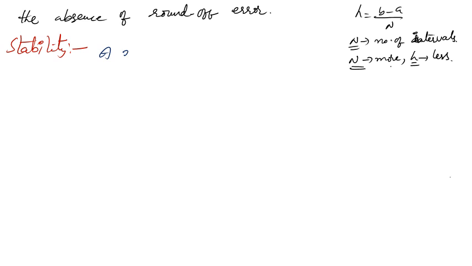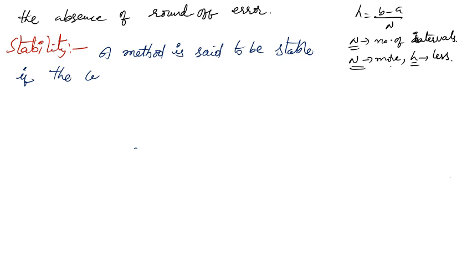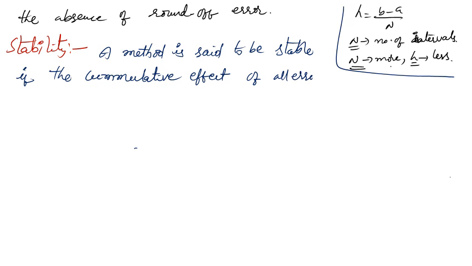A method is said to be stable if the cumulative effect of all errors, including round off errors, is bounded.